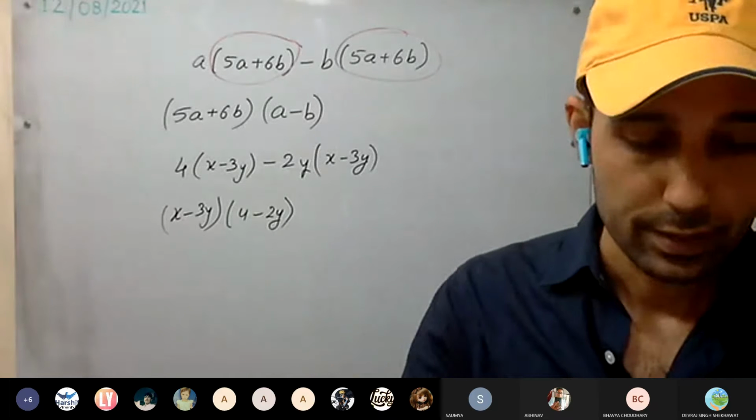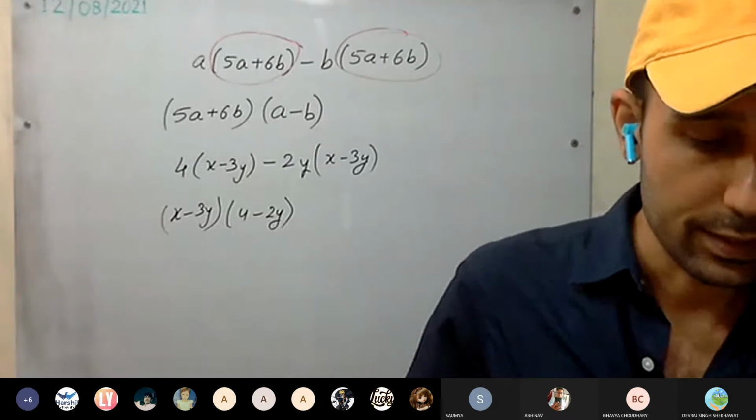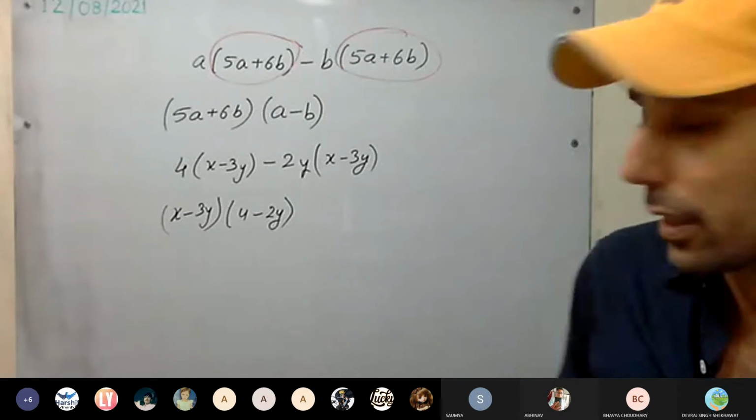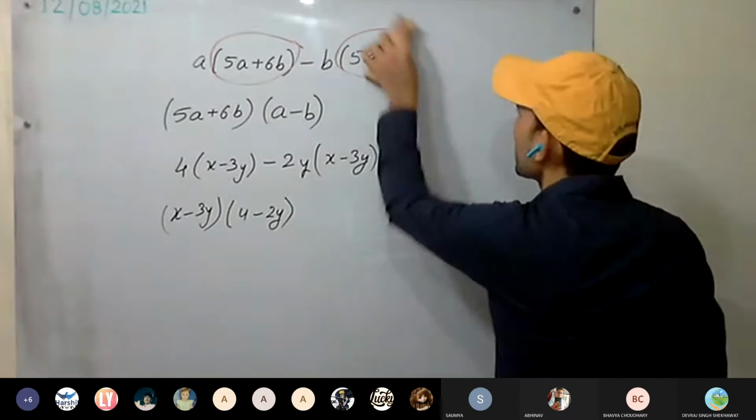Try the next one till I rub the board. Three terms are given in 7. Try it.